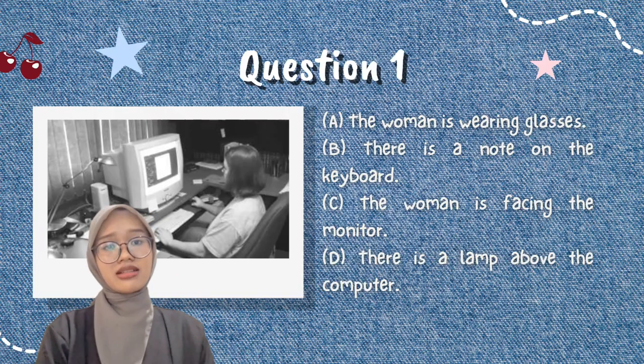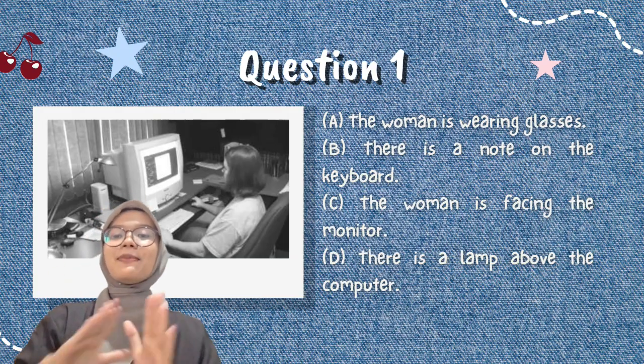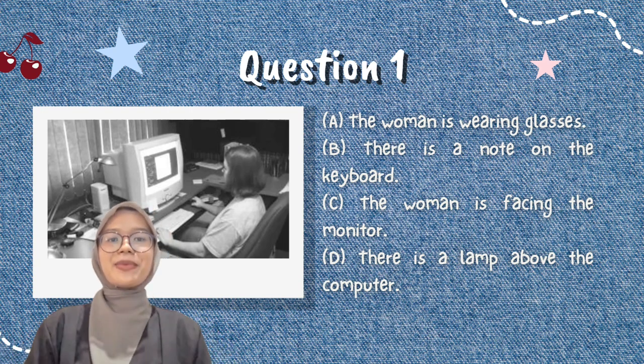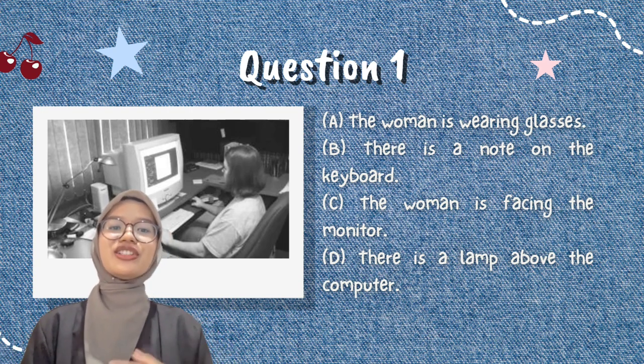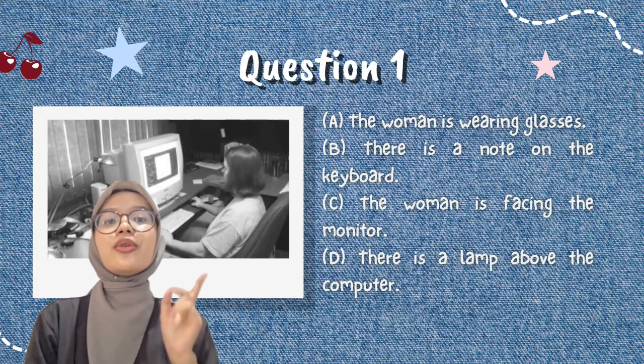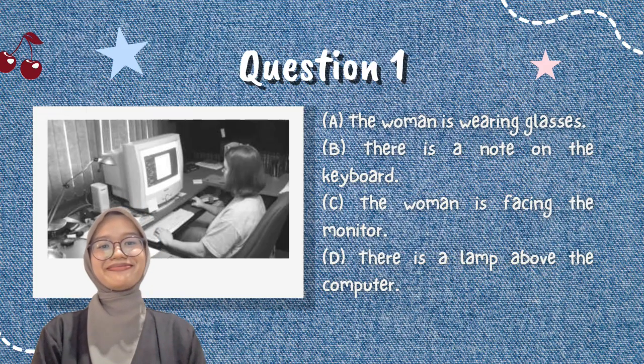If you choose D, it's incorrect because the lamp is beside the computer. Prepositions are very common distractors found in part 1. Make sure to review your prepositions of location for the TOEIC.